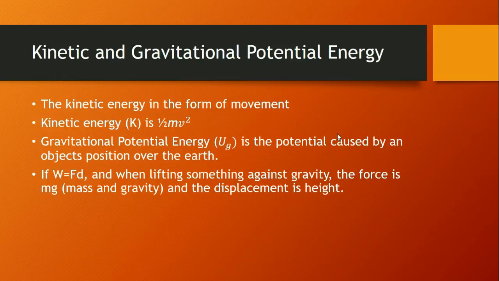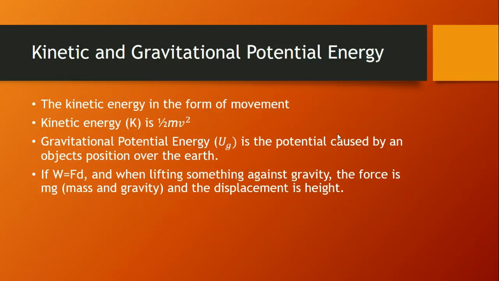The greater the mass is, the greater the gravity force is that it takes to lift it. If you're lifting a dumbbell or something, the heavier it is, the more force it takes to lift it. So whenever you're lifting something, the force is the mass of the object times the gravity.